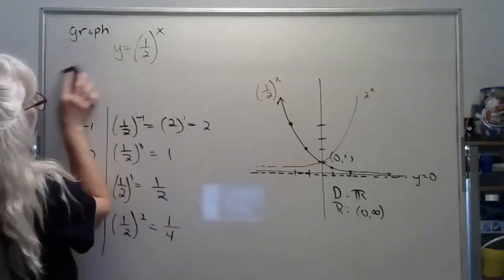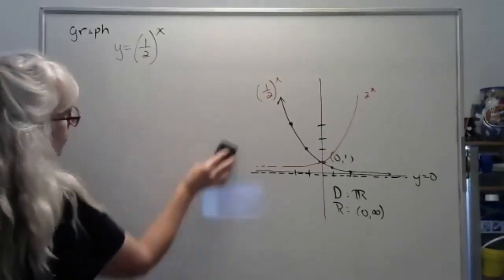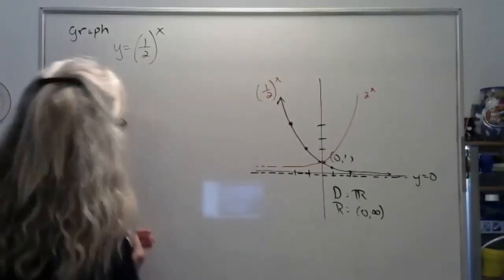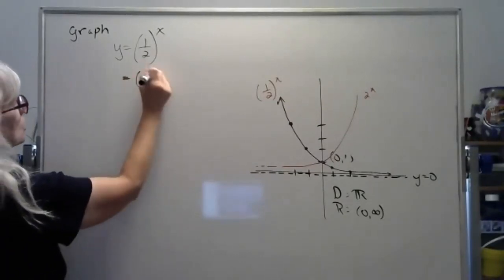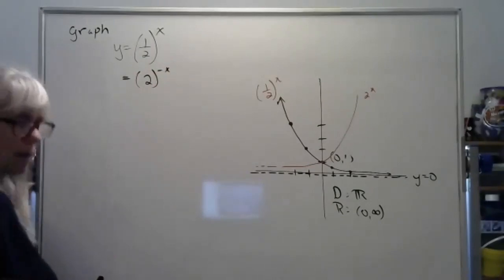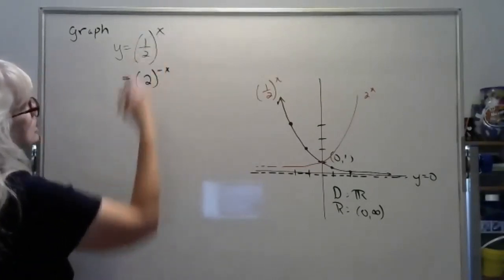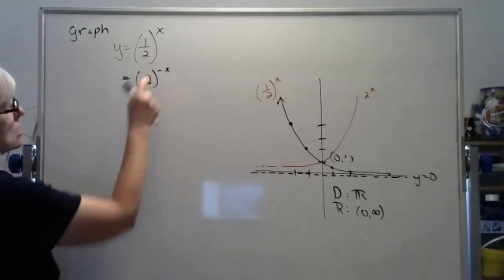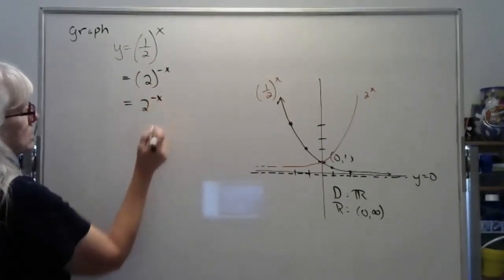So I'm going to backtrack and show you why this graph is a reflection of our initial graph. I can rewrite that 1/2 as 2 to the -x power. In other words, I'm reciprocating my fraction, which introduces a negative on the exponent. So it's 2 to the -x. I don't need the parentheses. I'm just going to write it as 2 to the -x.